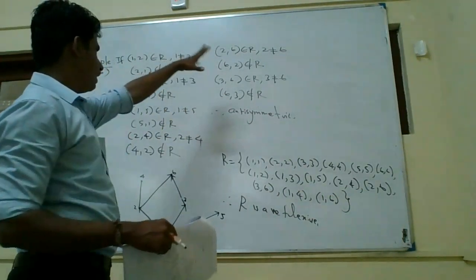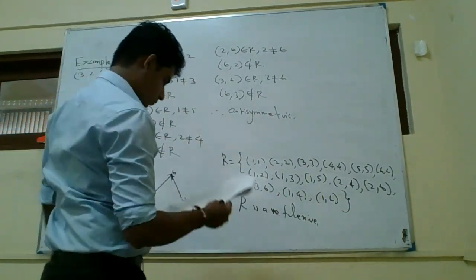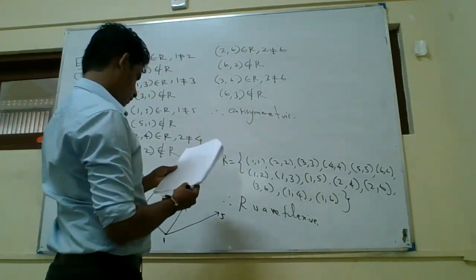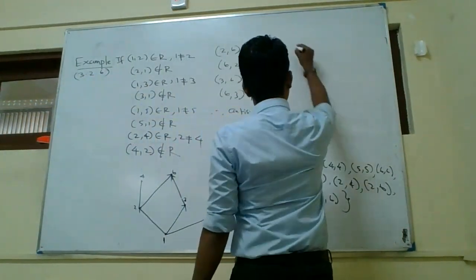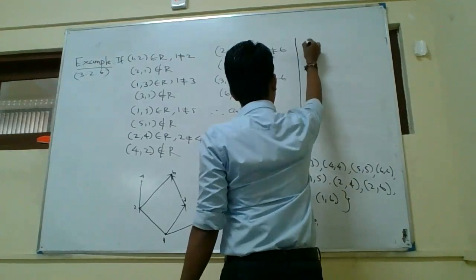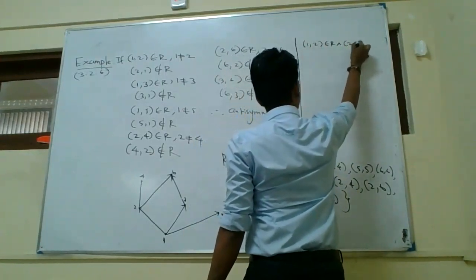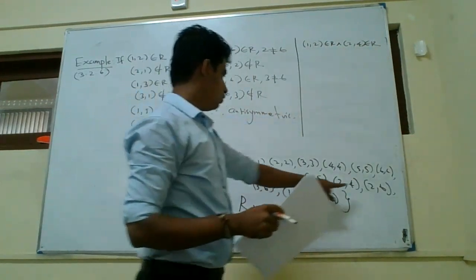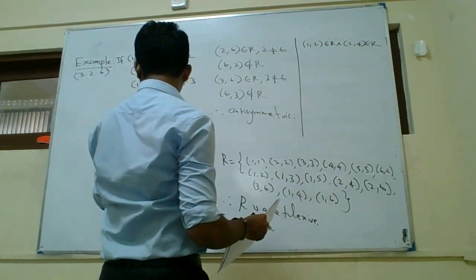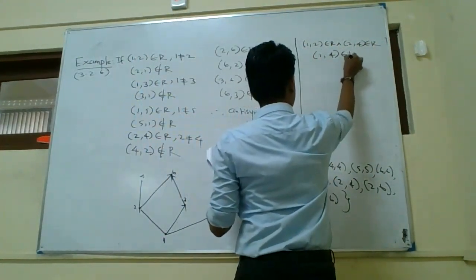Here there are so many cases, right? You can check that one for antisymmetric. For the transitive case, 1, 2 belongs to R and 2, 4 belongs to R, so 1, 4 also belongs to R. This is there.